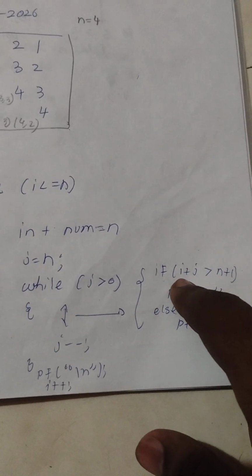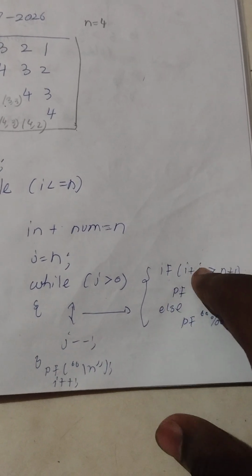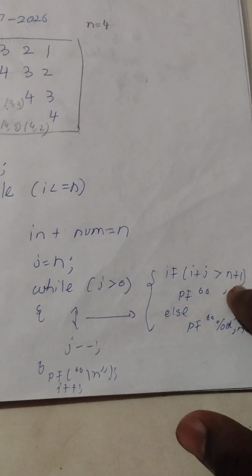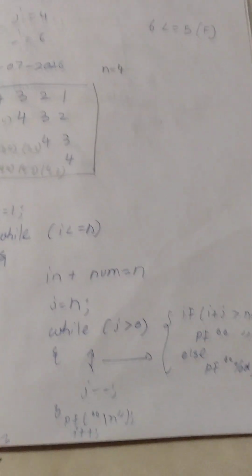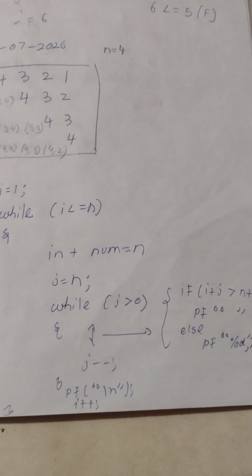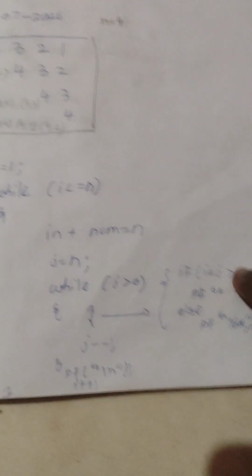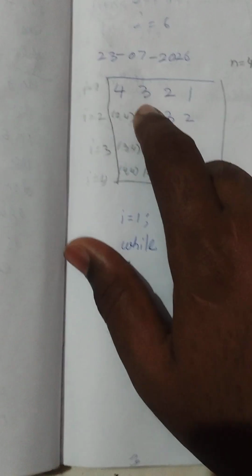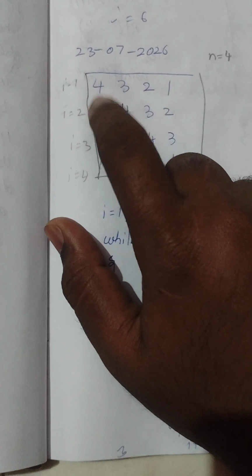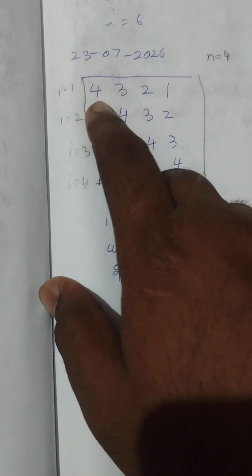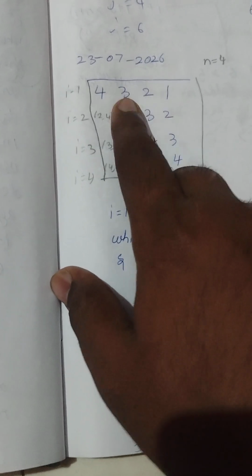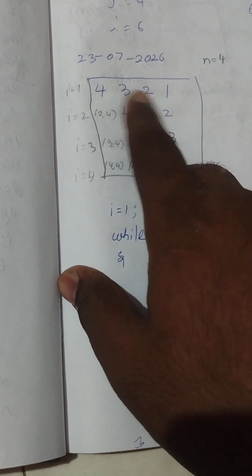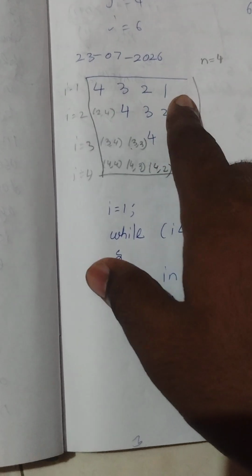So what is i plus j? It is 6, n plus 1. What is n plus 1? 5. Why am I taking 5 here? Take a look at the index values. Most of the values are 1 comma 4, 1 comma 3, 1 comma 2, 1 comma 1.